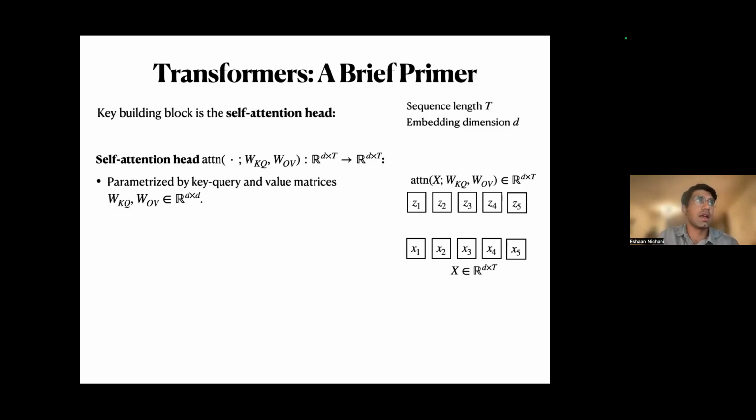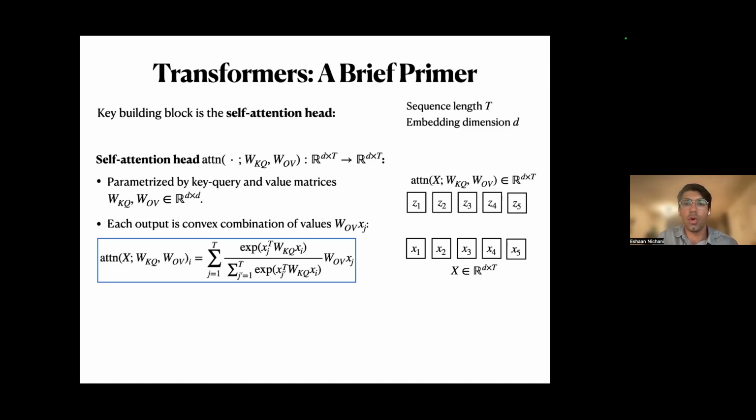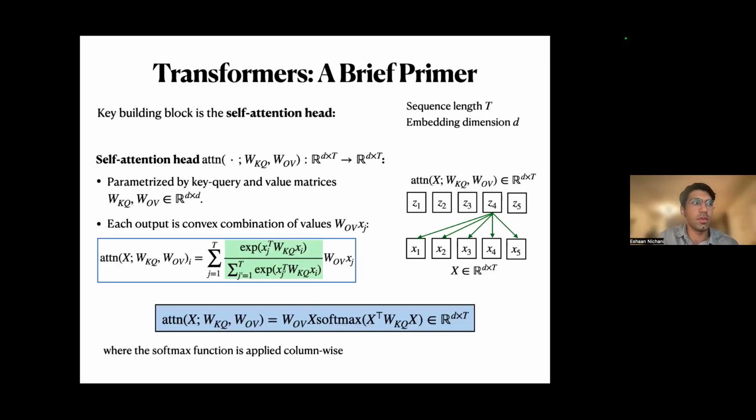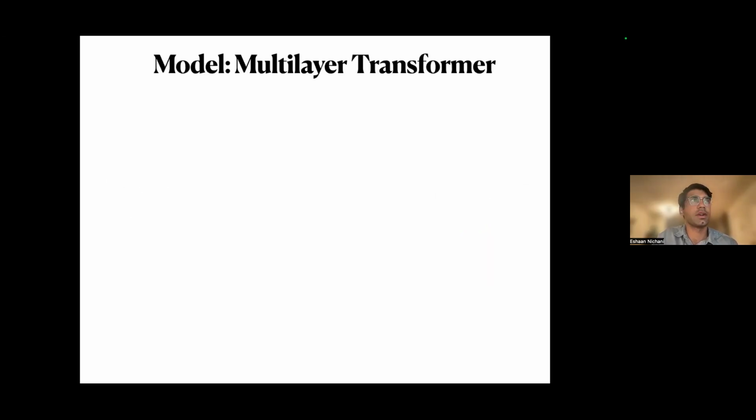In the self-attention head, each output is going to be a convex combination of the values W_OV times x_j, where the weights in this convex combination, i.e. how much token i attends to all other tokens, will be given by the following softmax function. And we can succinctly write the formula for self-attention as the following, where the softmax function is being applied to the matrix column-wise.